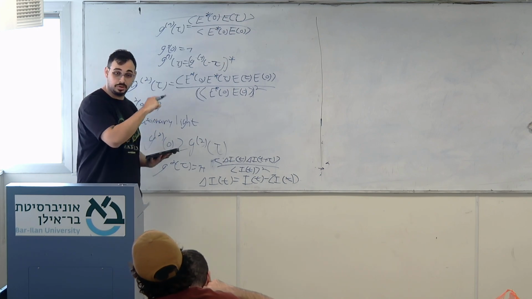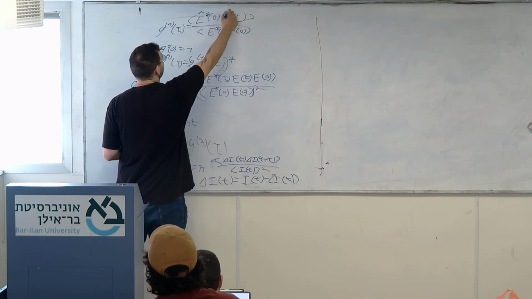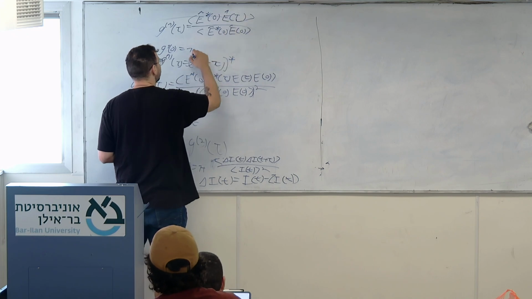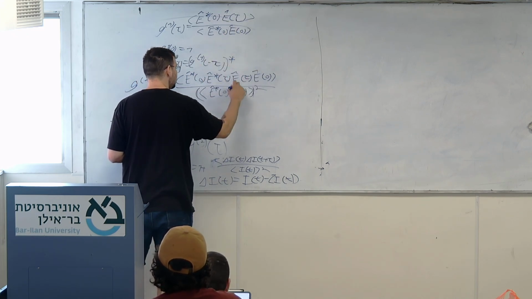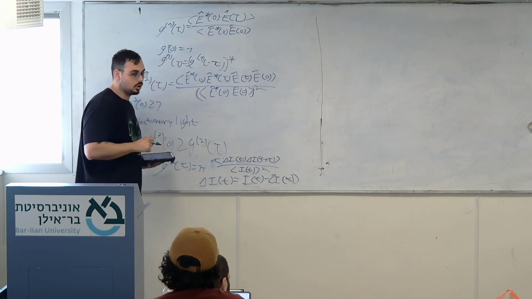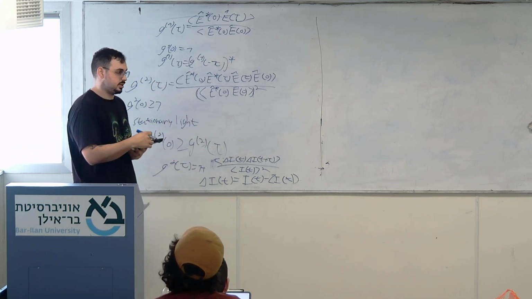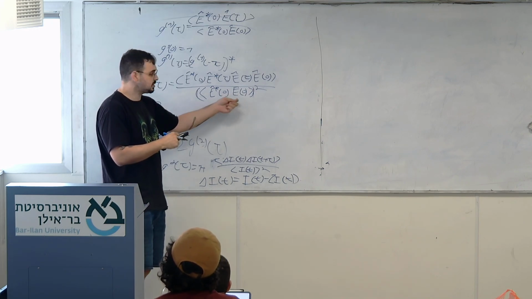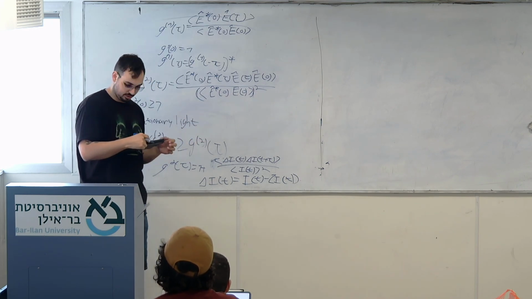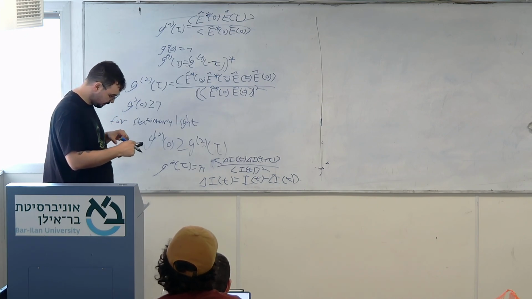To take this to the quantum realm, what I'm going to do, I'll put hats. Hats on everything. Everyone gets a hat. Woo! Also, usually when you write fields in quantum mechanics, instead of writing field and conjugate, we write E plus, E minus, but it doesn't really matter, so I'm not gonna do it.